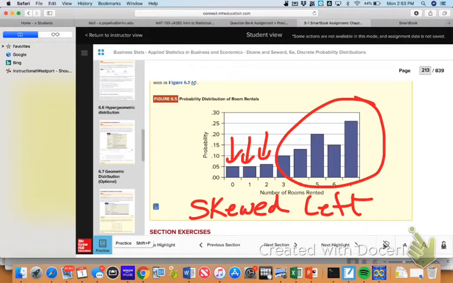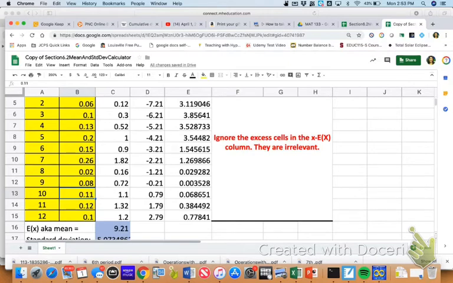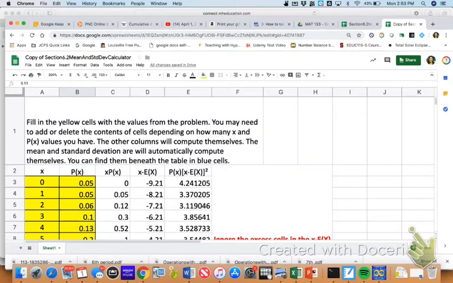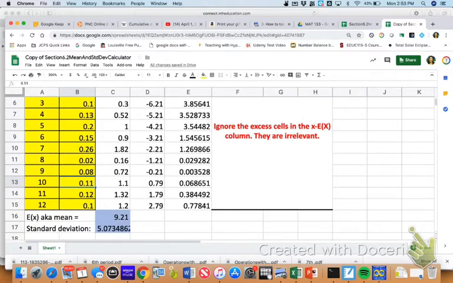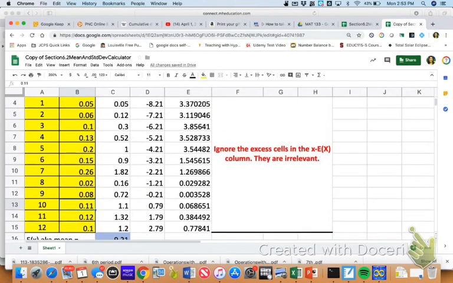Now, what if you have exactly the opposite thing occur? So let's say I've used the Google Sheet, I've typed in my data into those two columns, I've gotten a mean and a standard deviation. Once again, I notice that the highest probability is these same two.